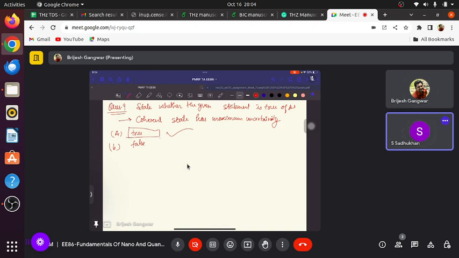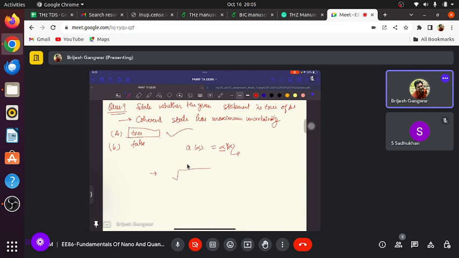Yes. So this coherent state is defined by a acting on alpha gives alpha times alpha. This alpha is the eigenvalue and this a is the operator. So how will we calculate uncertainty?